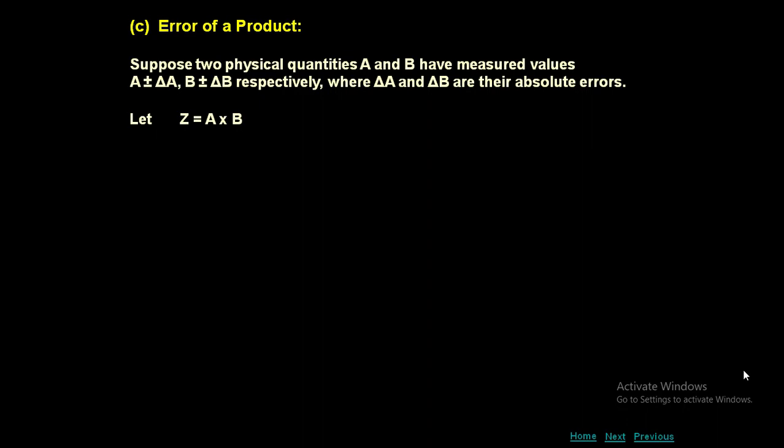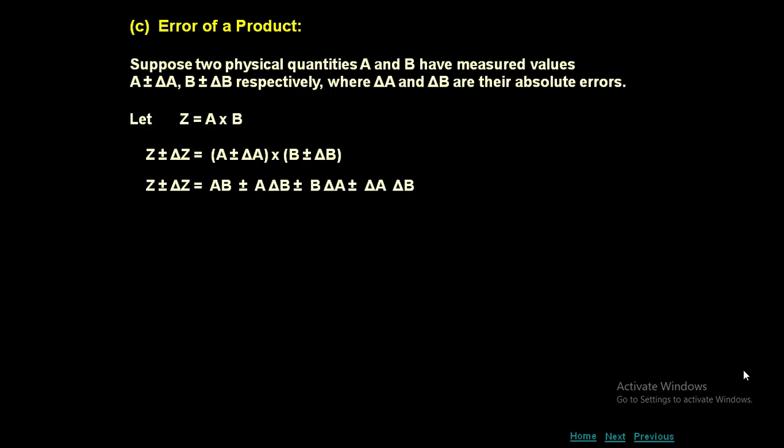So whenever you multiply, what happens to the error of a product? The value of Z is Z plus or minus delta Z, and A is A plus or minus delta A into B plus or minus delta B. Now directly multiply individually. So you have A into B, that is AB, plus or minus A into delta B, plus or minus B into delta A, plus or minus delta A into delta B.